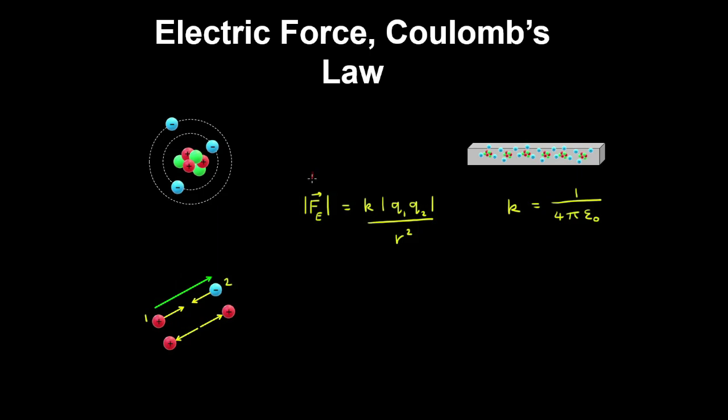So given that the force is in newtons, then Coulomb's constant must have units of newton meters squared per coulomb squared, because the charges each have a unit of coulomb, and the radial distance between them has a length unit. So electric forces are one of the forces that hold the structure of an atom together.